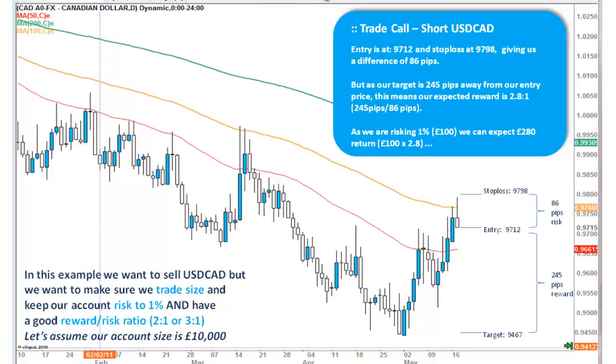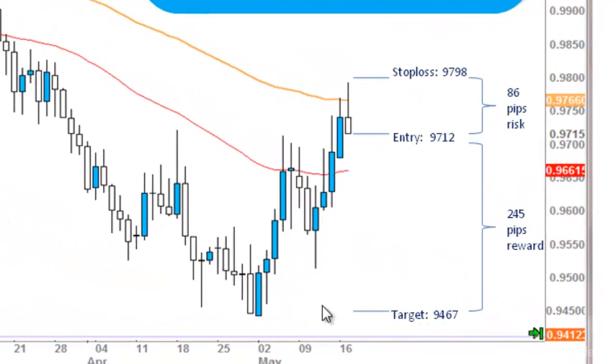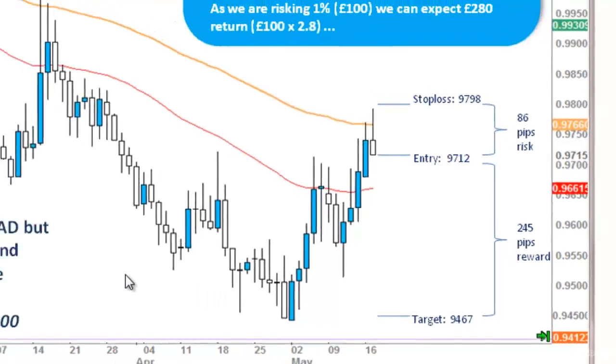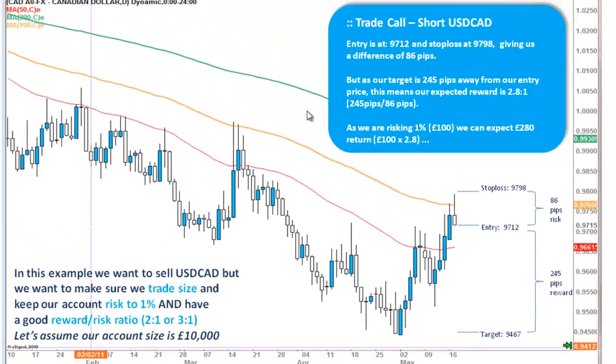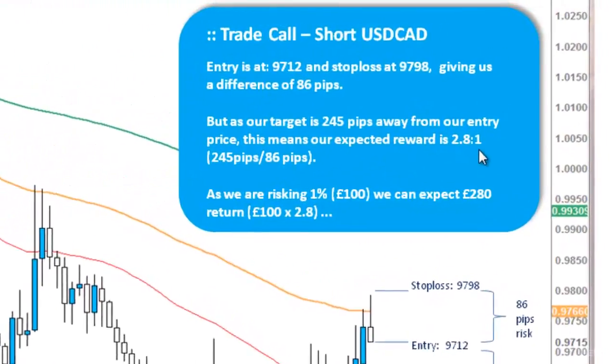And as our target is the previous level of support down at 94.67, we've got a difference of 245 pips between our entry and our target here. So 245 divided by 86 gives us a 2.8 to 1 reward to risk trade.